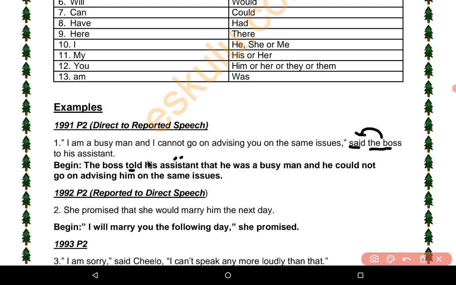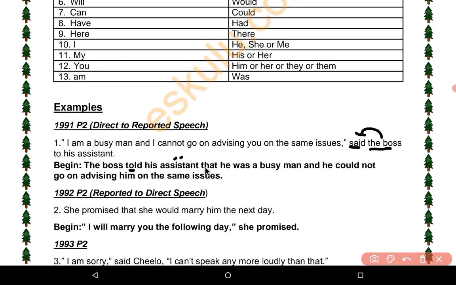I will change to he. Told his assistant that he. Am changes to was, he was a busy man, and he. Okay, I will change to the personal pronoun he.